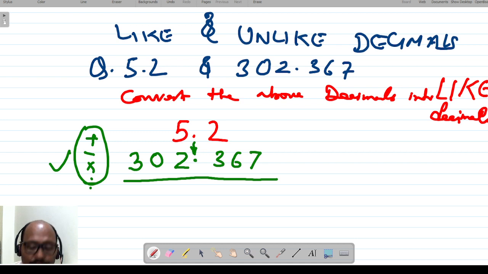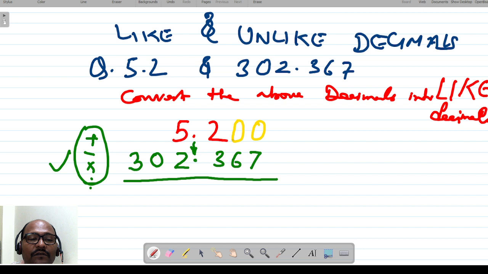So after marking the decimal, from the right-hand side, if nothing is there, you can put 0, 0, right? Let me put it in a different color so that we can identify it easily. Put 0 and 0.